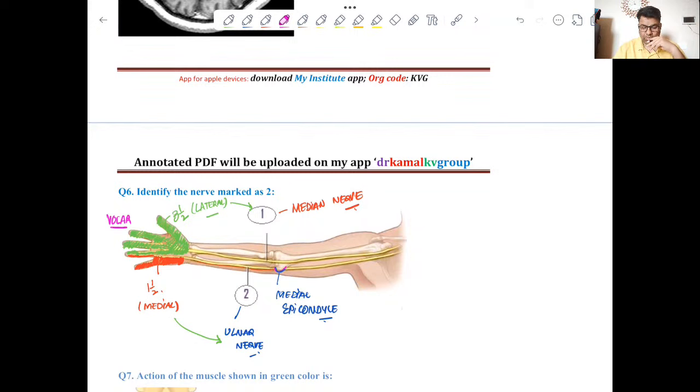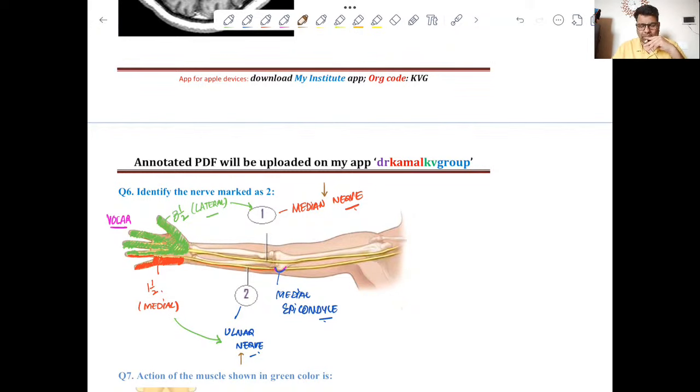Now I'll request you to remember one thing. On the volar aspect of the hand or the palmar aspect of the hand, it is all territory of median nerve and ulnar nerve. There is no involvement of radial nerve here. There is nothing related to radial nerve here. So if you see anything related to volar aspect or the palmar aspect of arm, if you don't know the answer, please play the guesswork either between median nerve or ulnar nerve.